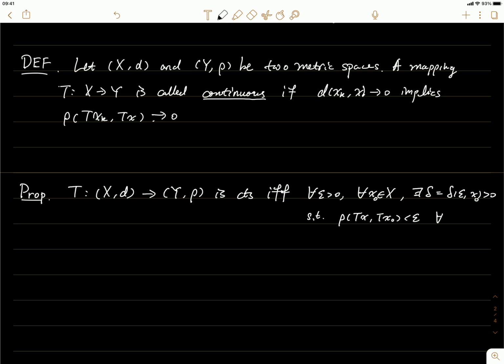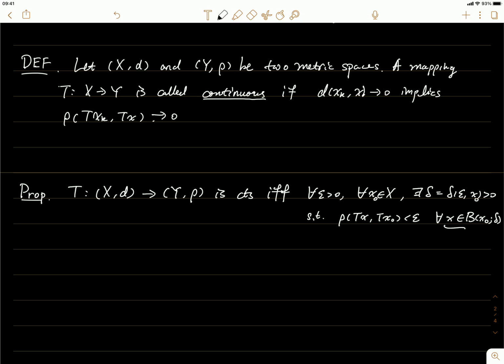For any, say, X, I could either say that the distance between X and X naught is less than delta, or I can say that this X is in this ball centered at X naught with the radius delta.